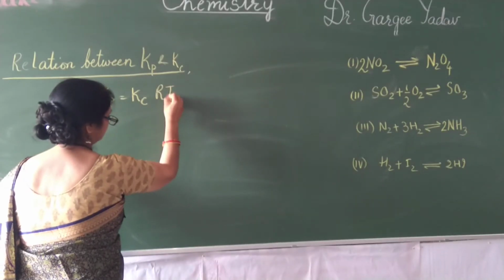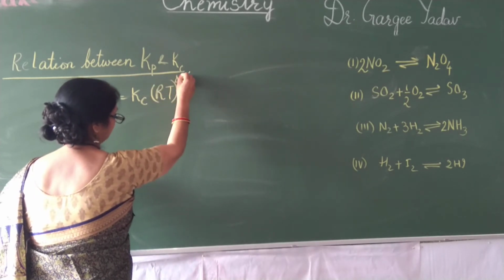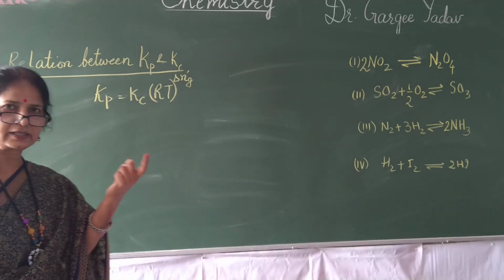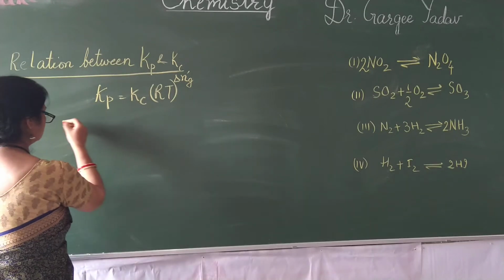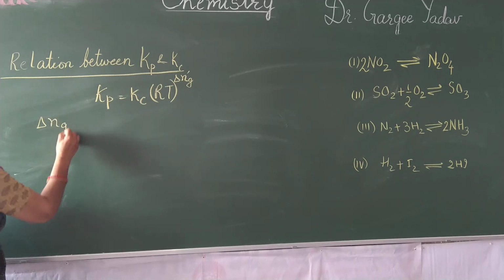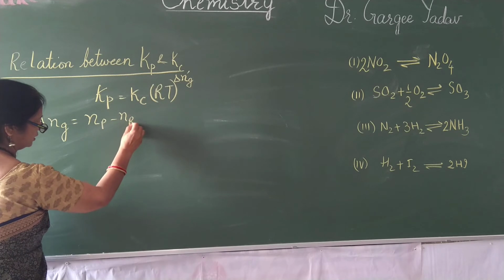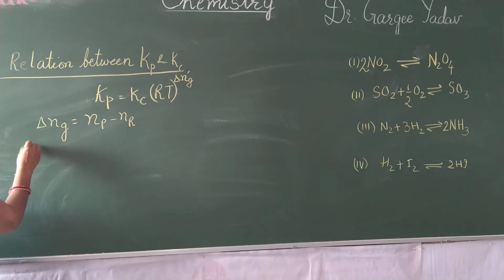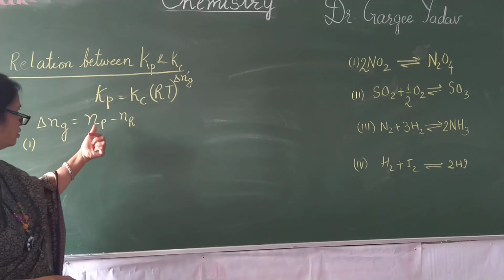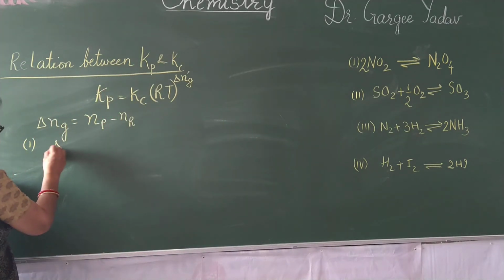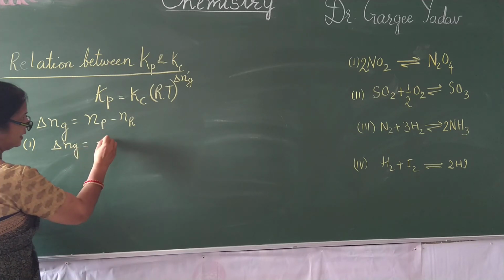First let me write Kp is equal to Kc RT raised to the power delta Ng. Delta Ng is the number of moles of the products minus the number of moles of the reactants. For the first case, the products is 1 minus 2, so delta Ng will be equal to minus 1.